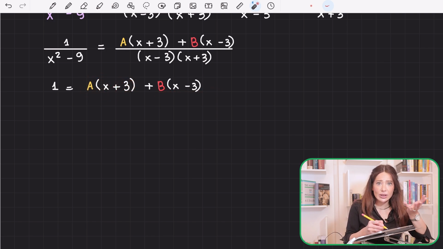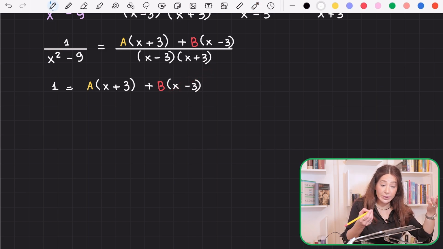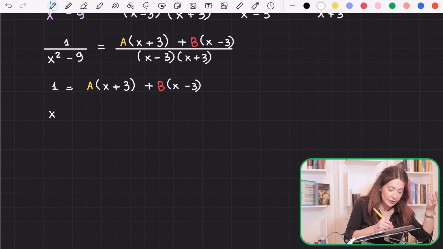Well, x takes on values from the real number set, so it can be anything, right? So what if I set that equal to 3? That will make this 0. B times 0 eliminates the B term. So let me try to do that.